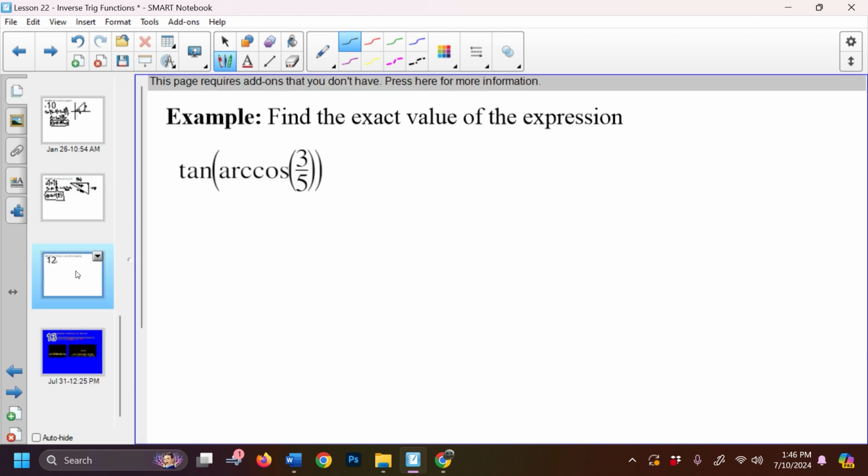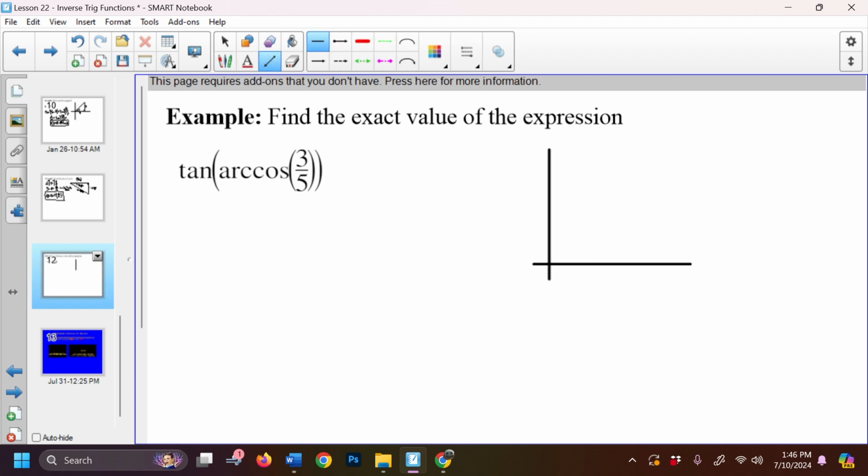Here it says find the exact value of the expression, and it says tangent arc cosine of 3 over 5. And so what I think is important here is we set up a little diagram to kind of consider this picture. So if I go to the standard position, remember that cosine is adjacent over the hypotenuse.